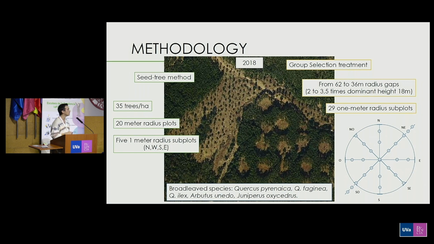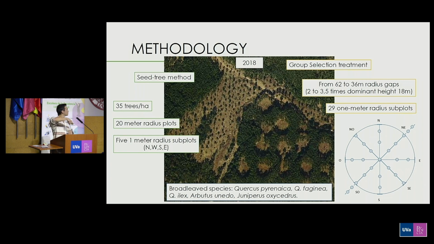On the other hand, in the group selection treatment, we created gaps of 62 to 36 meter radius, corresponding to 2 to 3.3 times the dominant height, that was 18 meters, and inside of them we placed 21 1-meter radius subplots, corresponding to this image that you have here.